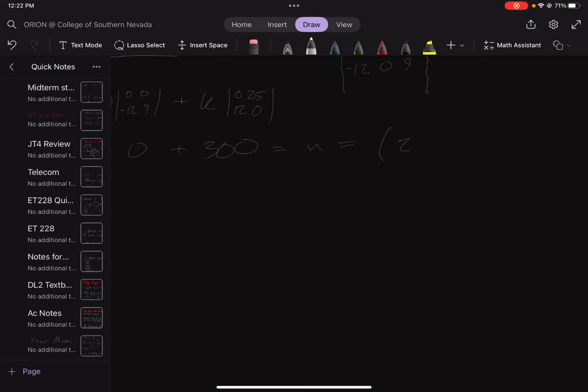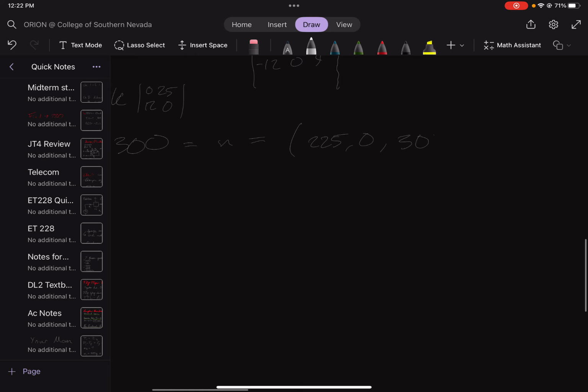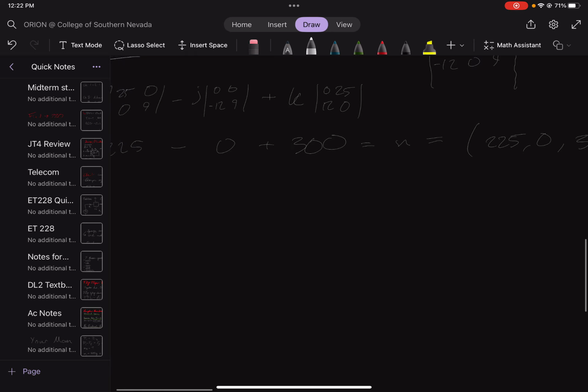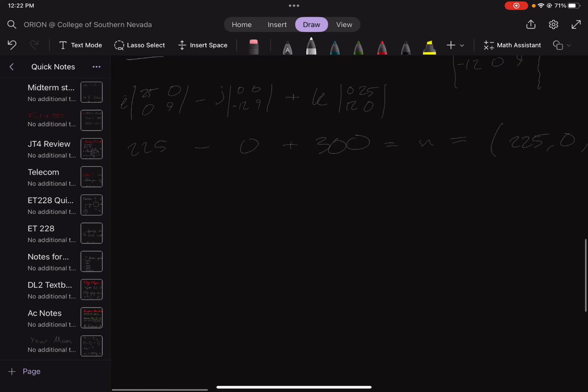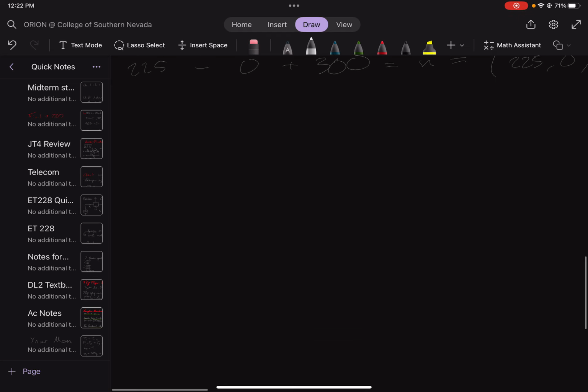We can just rewrite it as a vector: 225, 0, 300. All right. And now, since we have both vectors, we can do the dot product and multiply by 900 to find the value. So let's go right ahead and do that.